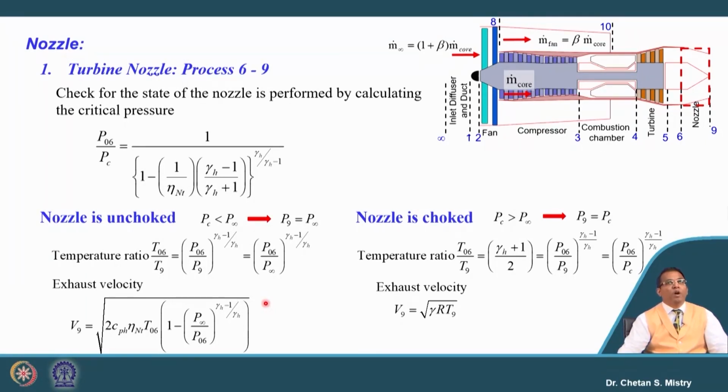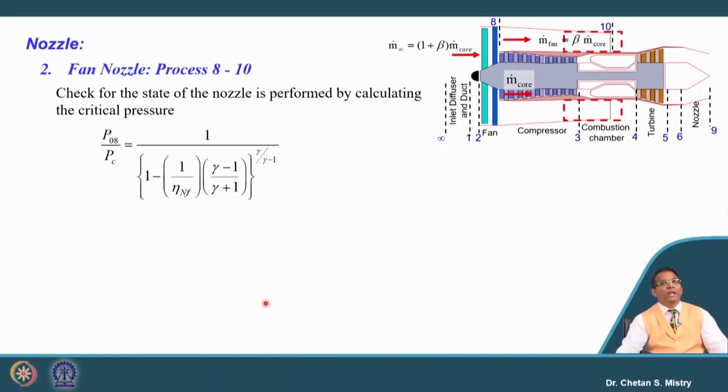Okay. Now, let us go with the next configuration, which is the fan nozzle. For this fan nozzle, the process we are representing as 8 to 10. We will be calculating our critical pressure ratio. Again we will be checking whether the critical pressure is greater or less than the atmospheric pressure.